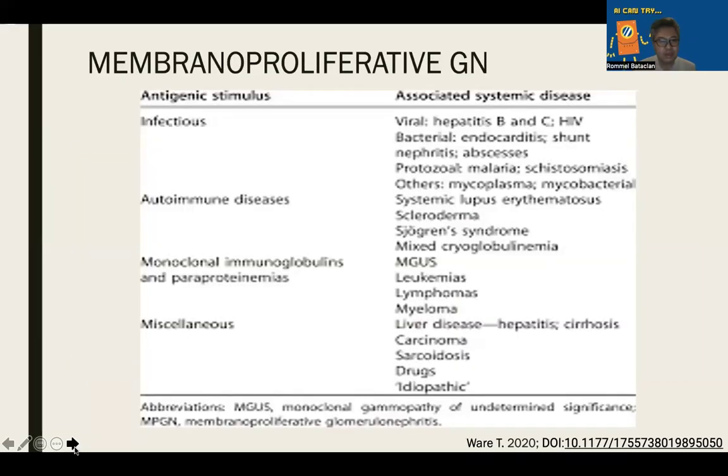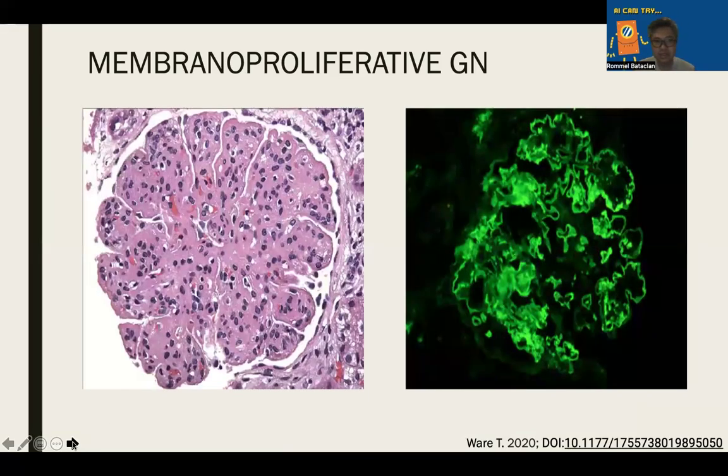Membranoproliferative is a combination of the membranous and an increase in the inflammatory blood cells. It could be mostly infectious, usually hepatitis B and C, but a very common cause would also be endocarditis and other malignancies as well, such as leukemias, myeloma, and liver cancer that has already led to liver cirrhosis.